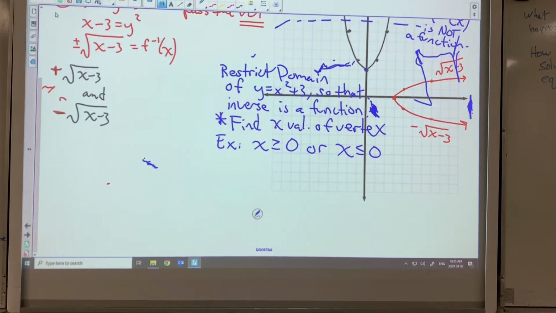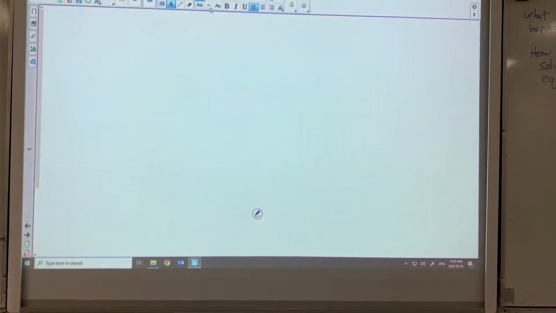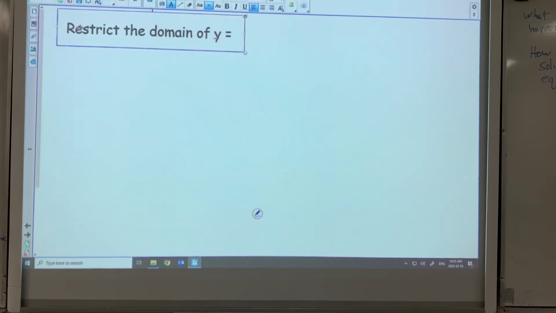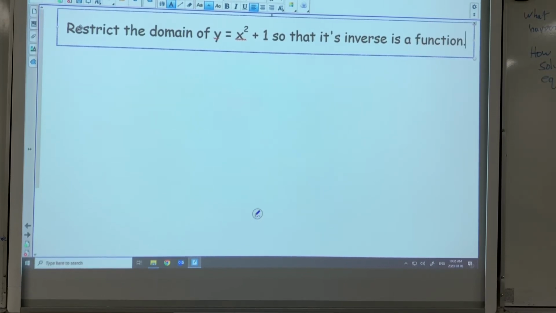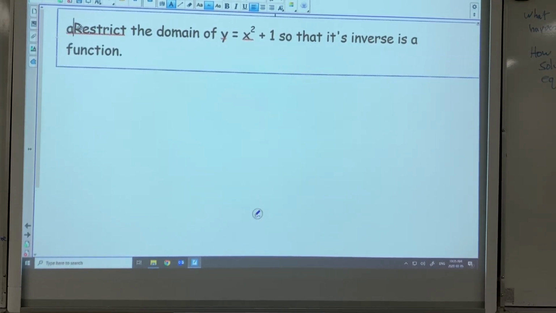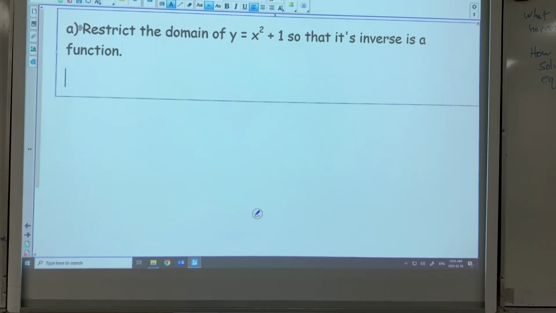If you get it, you'll get this. Oh, but then check the factor though. So let's see. Restrict the domain of y equals... I'll give you 2. So this will be part A. If you can get that, that's a good sign.